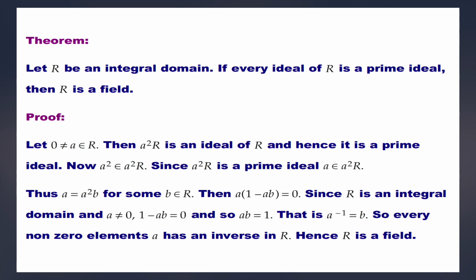Now a squared belongs to a squared R. Since a squared R is a prime ideal, a belongs to a squared R. Thus, a is equal to a squared b for some b belonging to R. Then a times (1 minus ab) is equal to 0. Since R is an integral domain and a is not equal to 0, 1 minus ab is equal to 0 and so ab equals 1. That is, a inverse is equal to b. So, every non-zero element a has an inverse in R, hence R is a field.